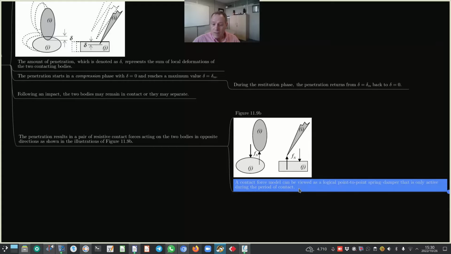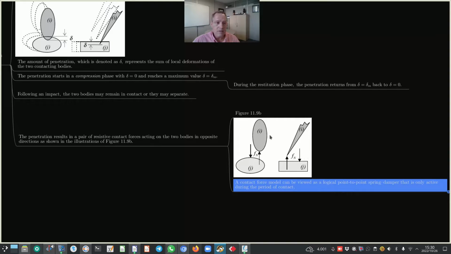A contact force model can be viewed as a logical point-to-point spring damper that is only active during the period of contact. That's why Prof. Nick Ravesh refers to this point-to-point spring damper as a logical one. There are phases or time spans where it is not active.